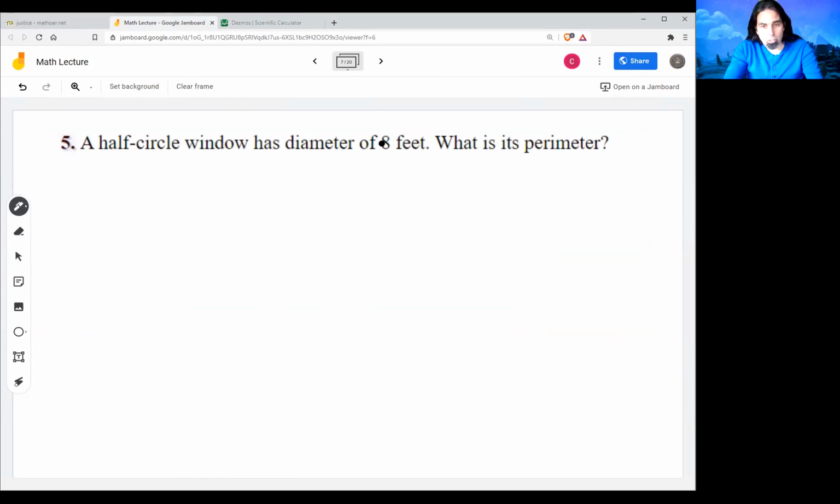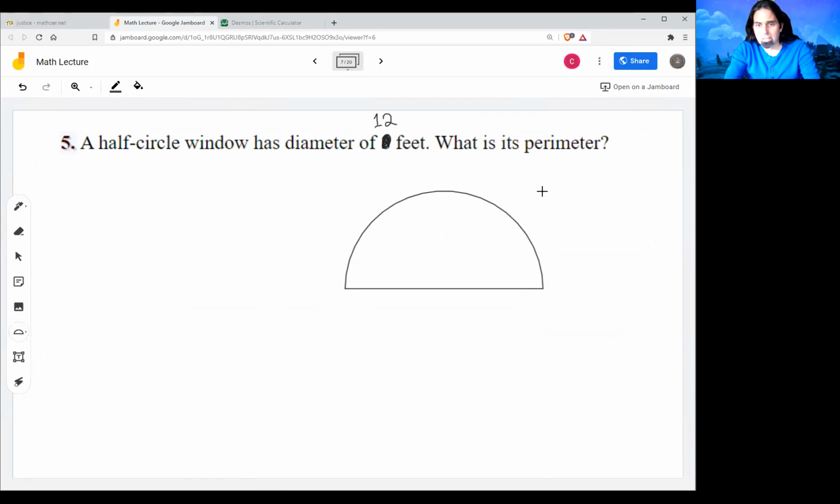I'm going to remember to change the number this time, so I'm not doing your homework all for you. Let's make it 12 feet. So a half circle window has a diameter of 12 feet. So what's the perimeter of that window?